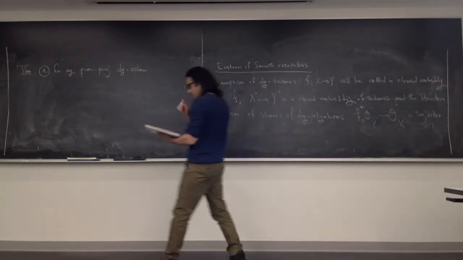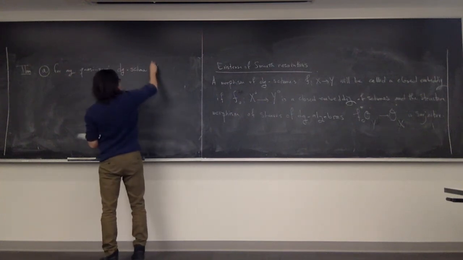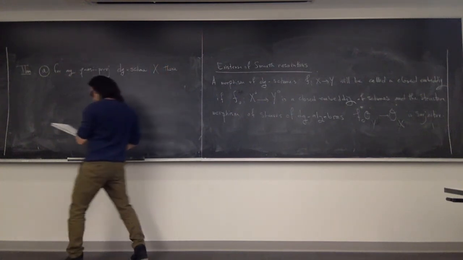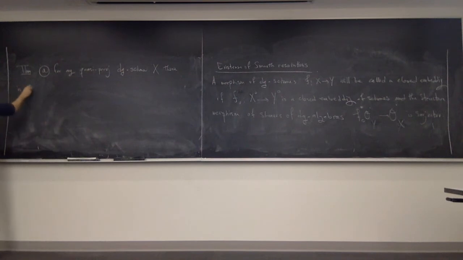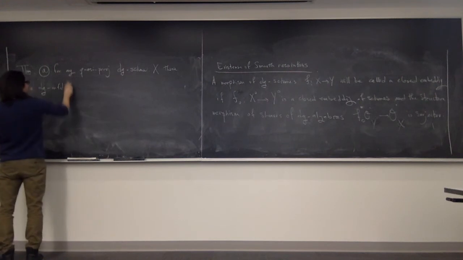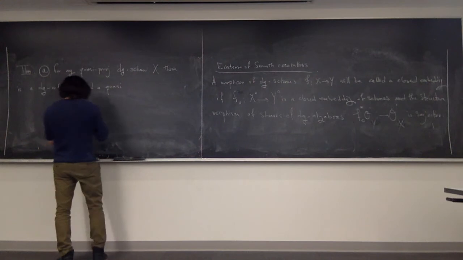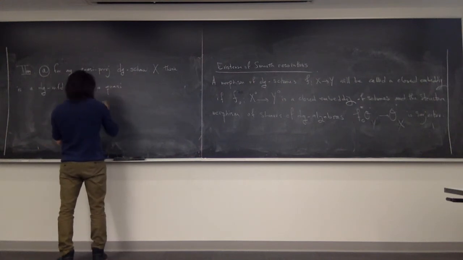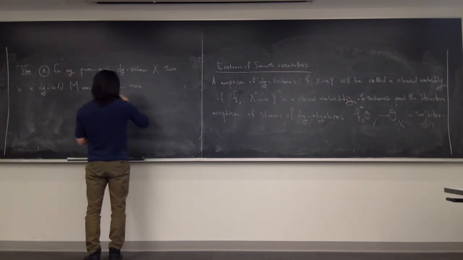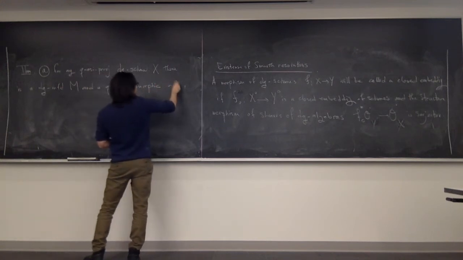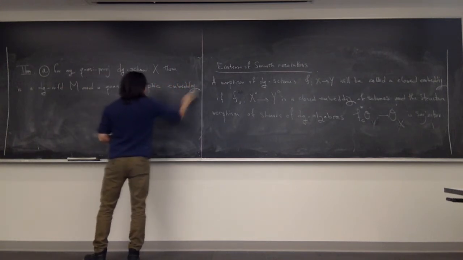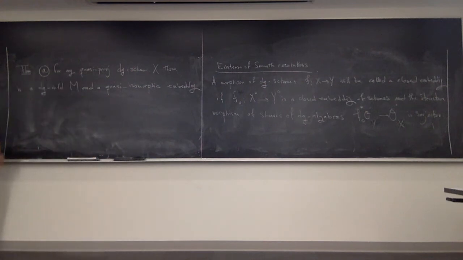So for any quasi-projective DG scheme X, there is a DG manifold M and a quasi-isomorphic closed embedding.